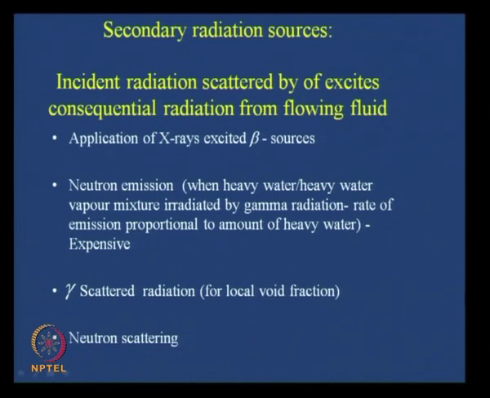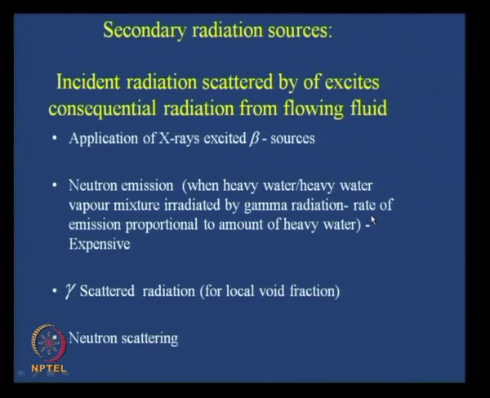The other thing is, suppose we have a heavy water vapor mixture. This particular heavy water vapor mixture can be irradiated by gamma radiation. Now, when it is irradiated by gamma radiation, it emits a large number of neutrons.